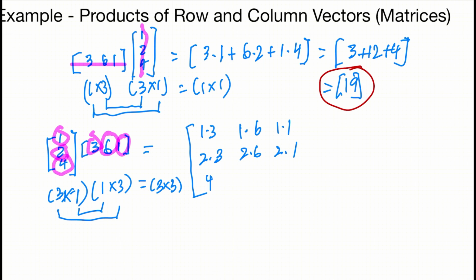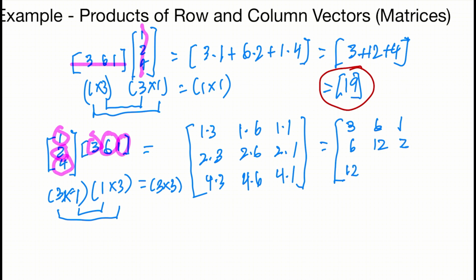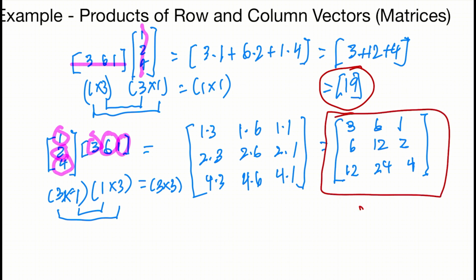So 4 times 3, 4 times 6, and 4 times 1. Multiplying that all out, we get 3, 6, 1, then 6, 12, 2, then 12, 24, 4. That is the result, and you can see we did get out a 3 by 3.